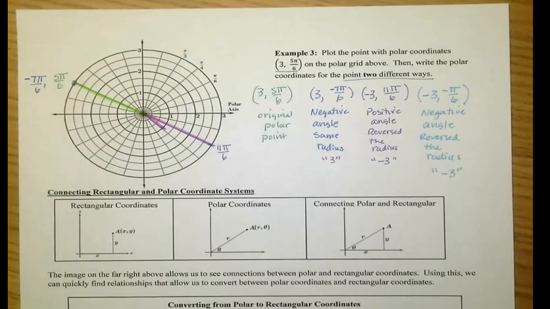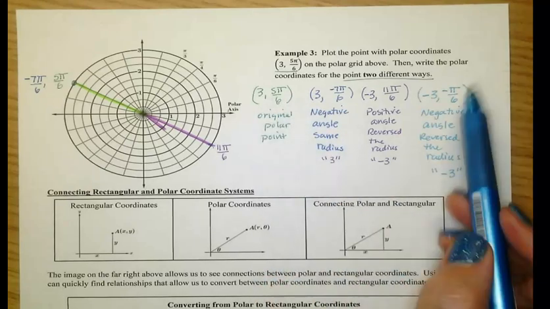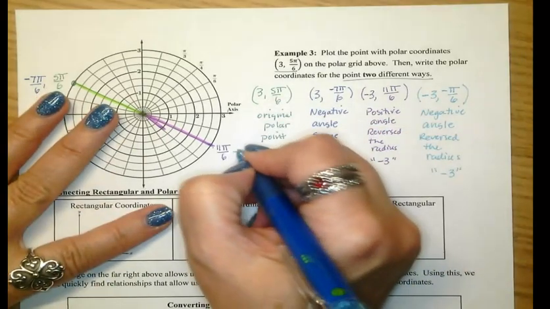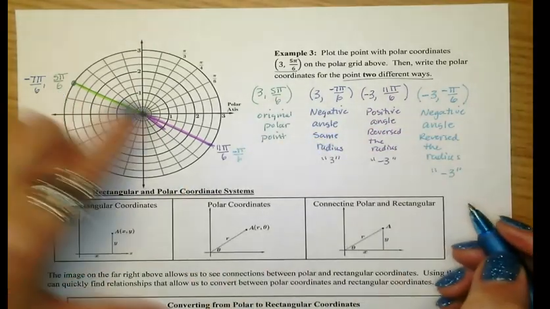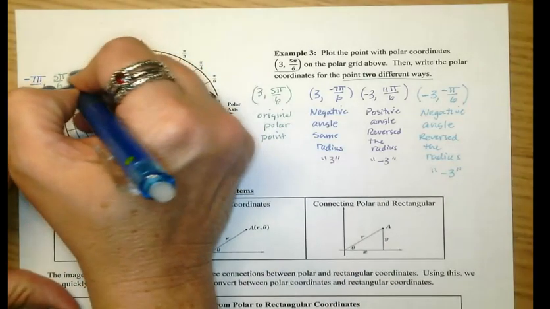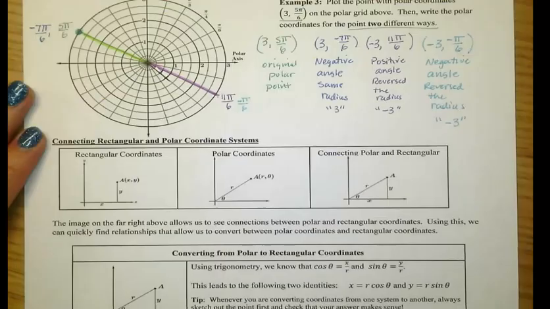Make sure you get the right direction of your angle when plotting your points, because it's really easy to go, oh, I'm going to go to 5 pi over 6 and then reverse the direction, or say, I'm going to go down here to negative pi over 6, but I'm going to keep the 3 and forget to reverse it and shift it back up here. Because remember, this is what we're trying to find, is points that represent that location.